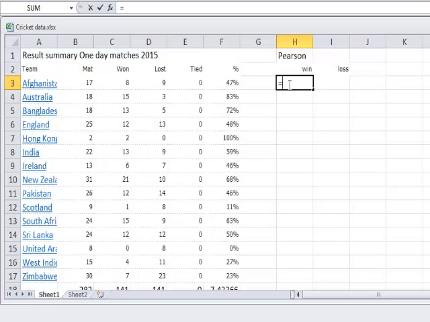So we just take 0.5 star B3. So 8.5 is the expected number of matches, and that's of course correct. 0.5 star.